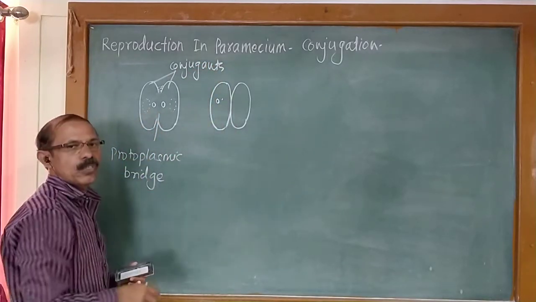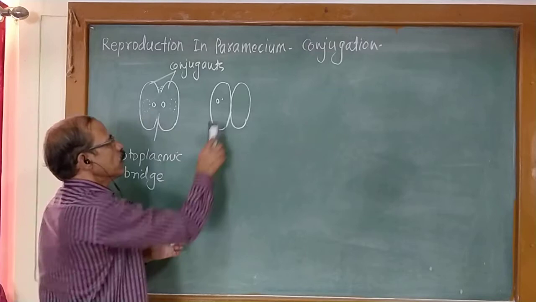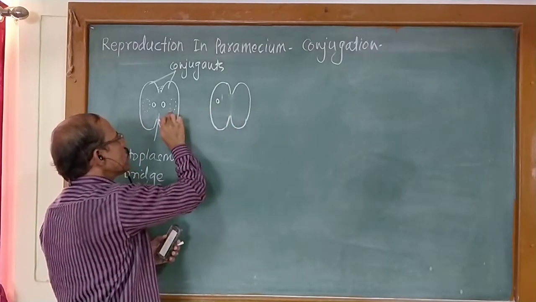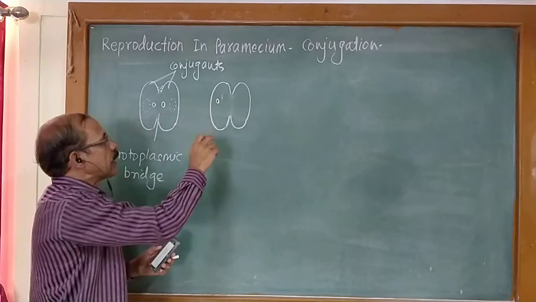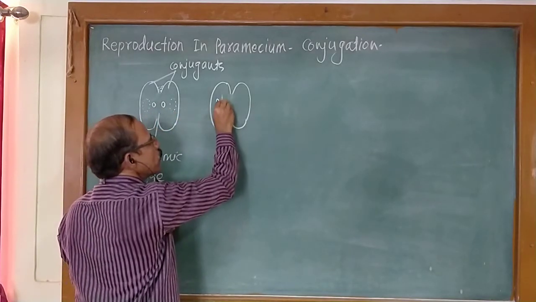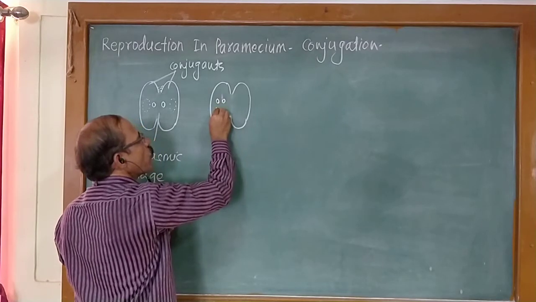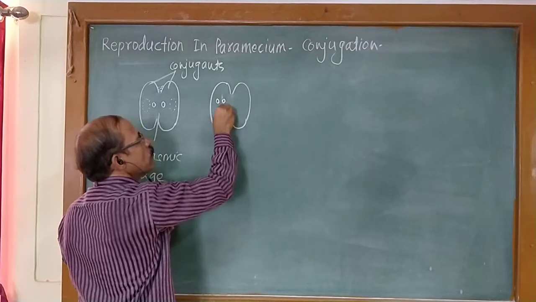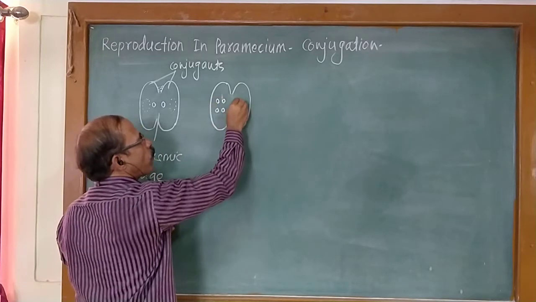These are the two conjugants, and this is the protoplasmic bridge here. The meganucleus has disintegrated. Now the micronucleus divides twice: the first division forms 2 micronuclei and the second division forms 4.